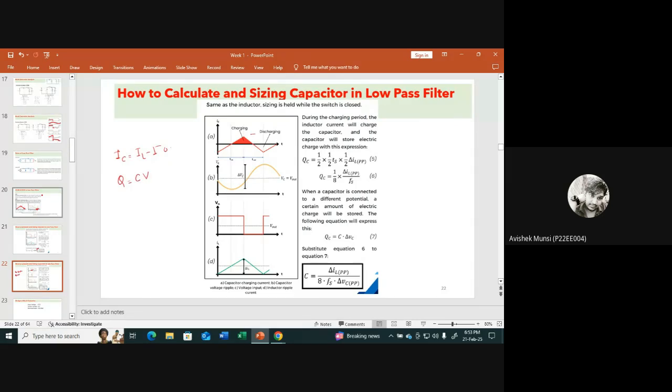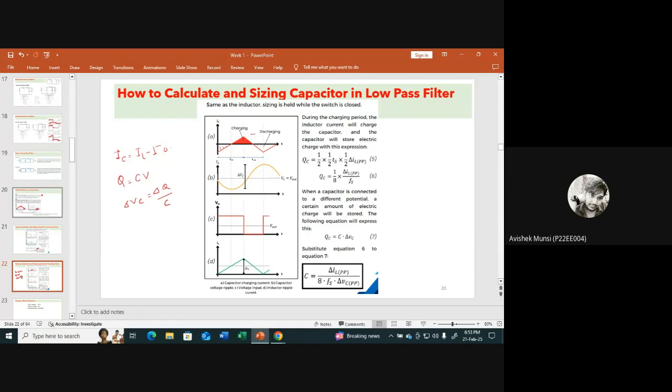Basically, if we consider ripple, then delta VC is delta Q by C, the change in charge per unit capacitance. The easier way to calculate it is by going through the area.